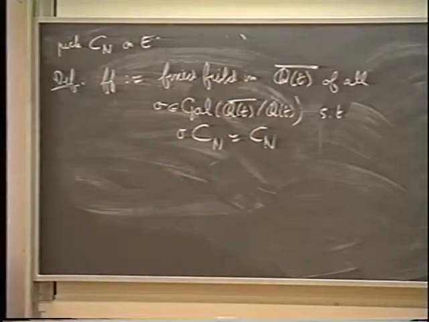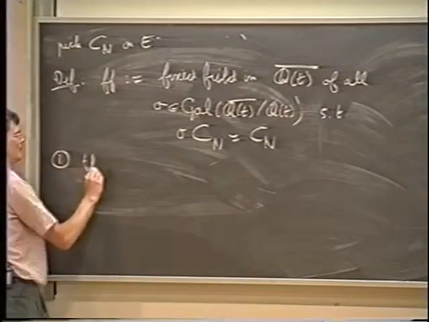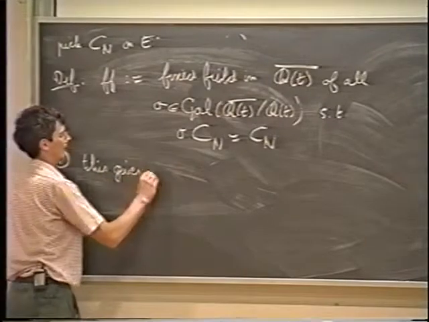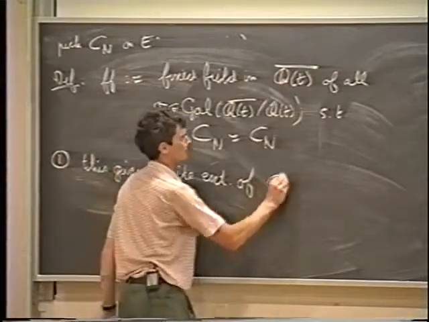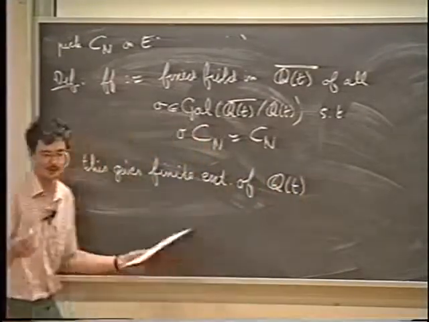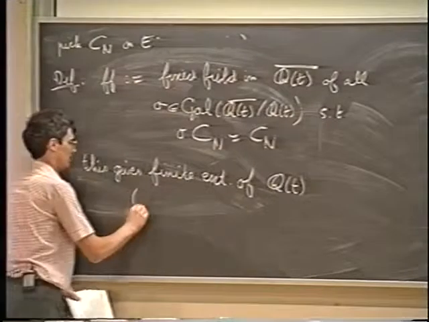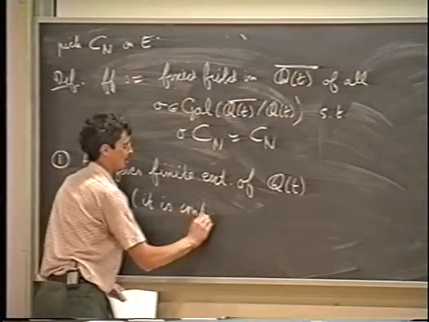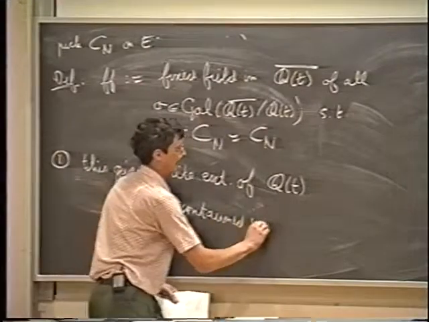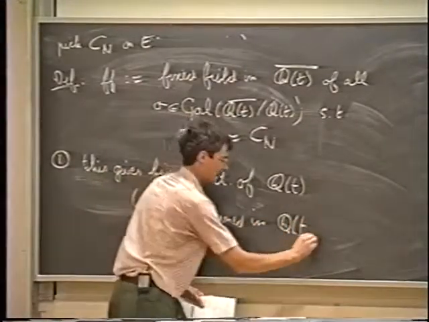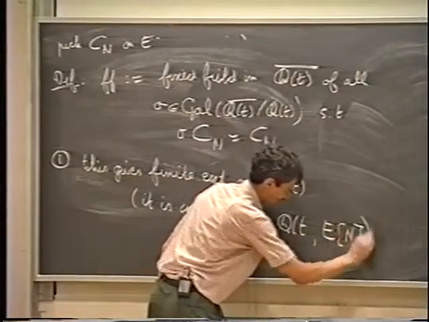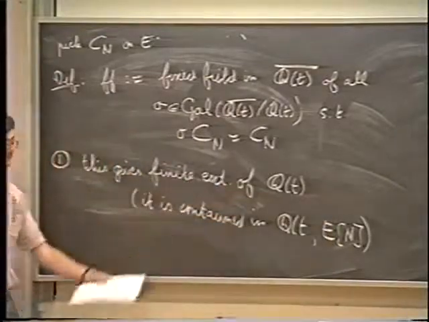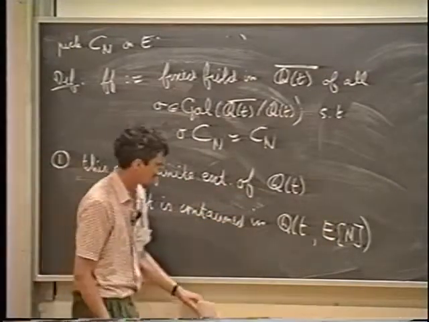function field. Is this really a function field? So first of all, this gives a finite extension of Q of t, which is, I guess, clear because, for instance, it is contained in, if I adjoin to Q of t all the coordinates of all the points of order n, then I get a finite extension because there are only finitely many such points, and they are all algebraic over Q of t.